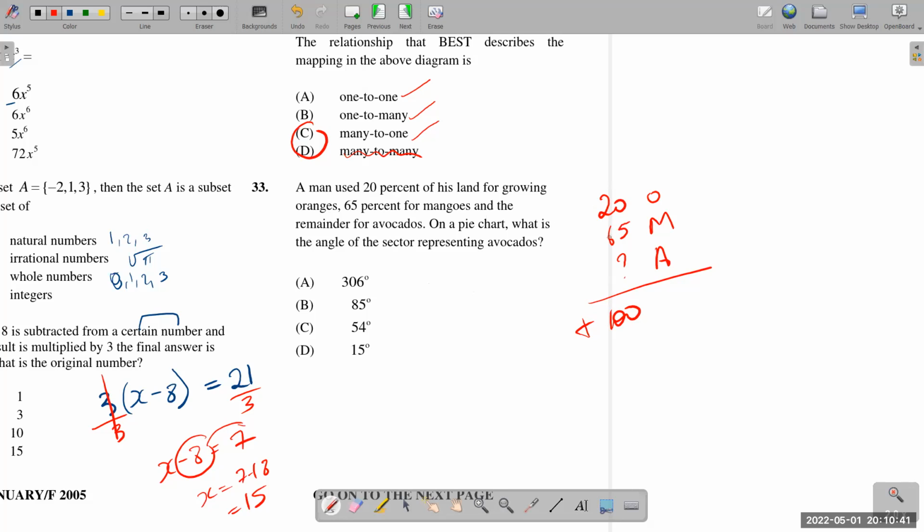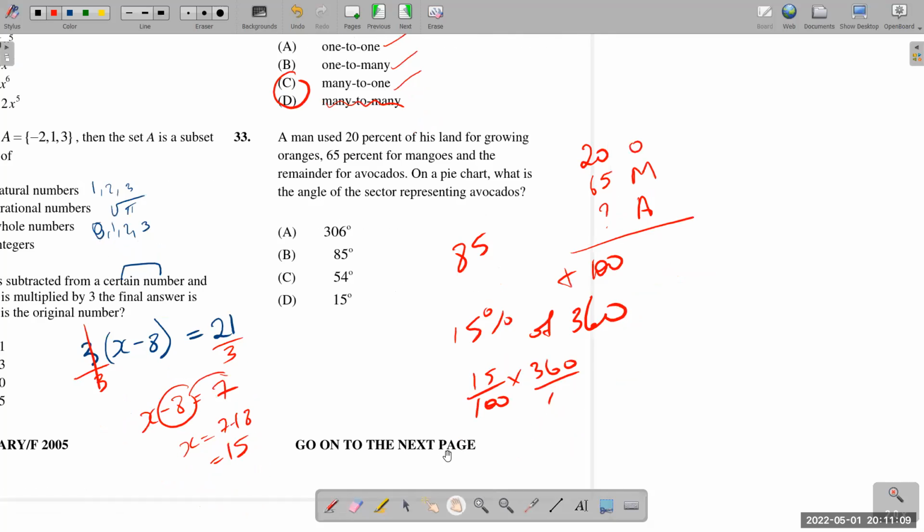So 65 plus 20 is 85. So we need 15%. So you're finding 15% of 360. So 15 over 100 times 360 over 1. Everybody following?